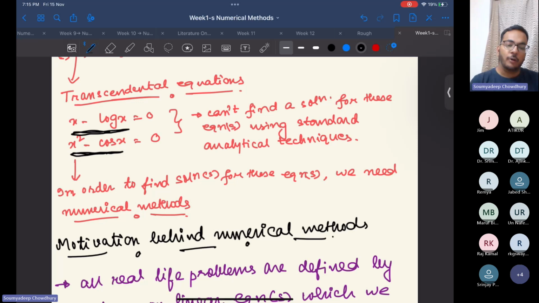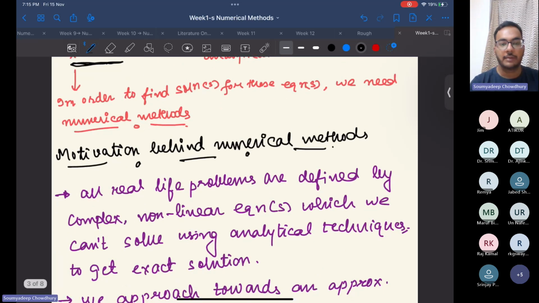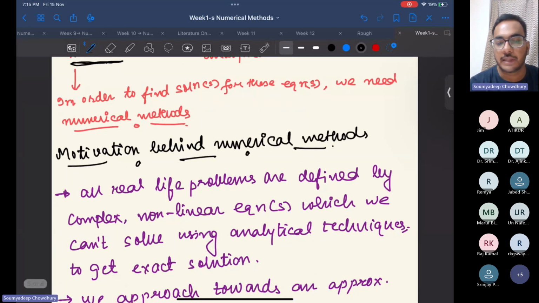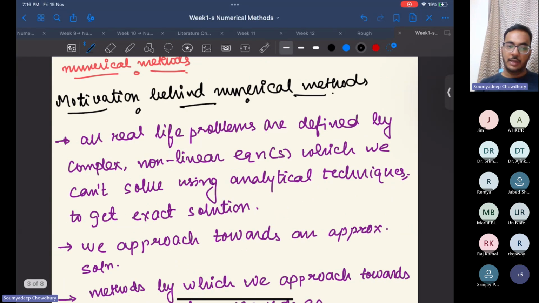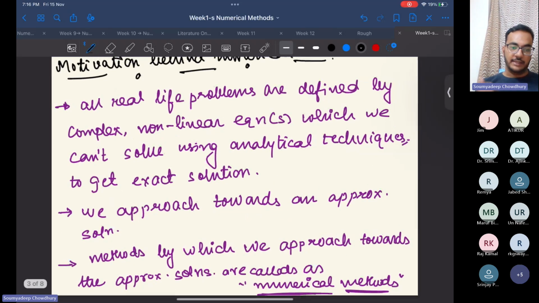All real life problems are defined by different nonlinear complex equations which we cannot solve using our normal analytical techniques. In order to get a solution, we need to use numerical methods, where the basic crux of any numerical method is that we assume an initial solution, and gradually, based on some iterative techniques, we approach the exact solution.